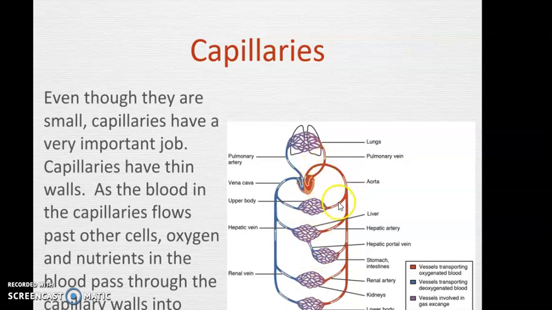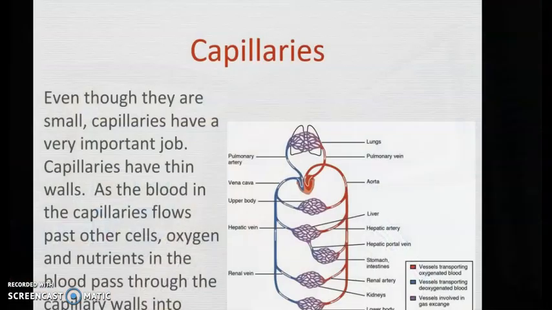So we have our capillaries in this section here with our oxygenated blood. Oxygen goes from our arteries into these smaller sections. We'll get to those in a second. And oxygen leaves the capillaries to go to all the cells. And then what is it that the blood vessels pick up from the capillary wall to bring back to the lungs for us to exhale? What gas is that?